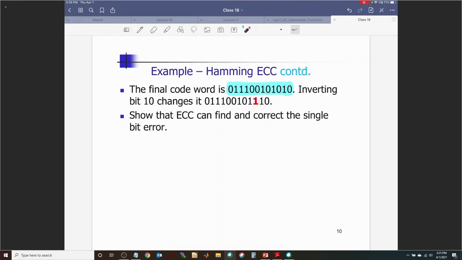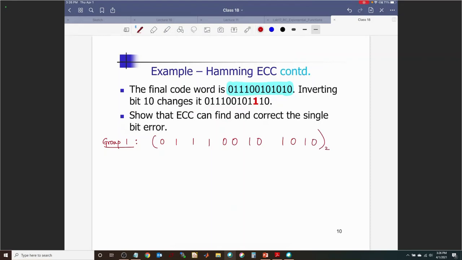So what we are going to do is check group by group. Our first group is Group 1. Let me write the entire 12-bit code word here, which is 0, 1, 1, 1, 0, 0, 1, 0, and then 1, 0, 1, 0.